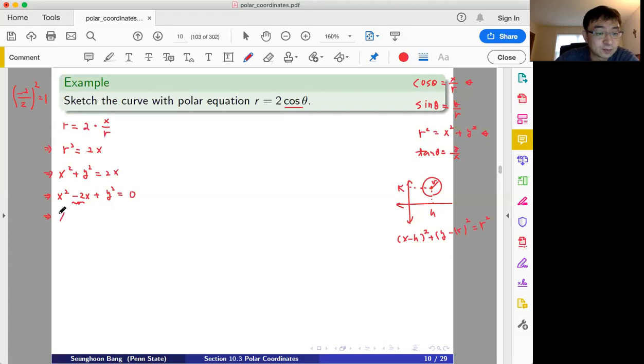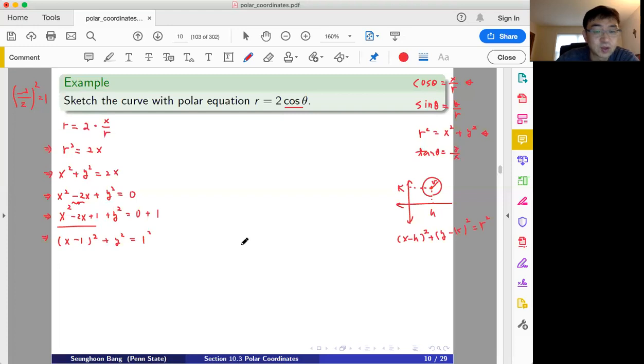Next, you add this number to both sides, like this. Next, factor the first 3 terms: exactly (x − 1)² + y² = 1.